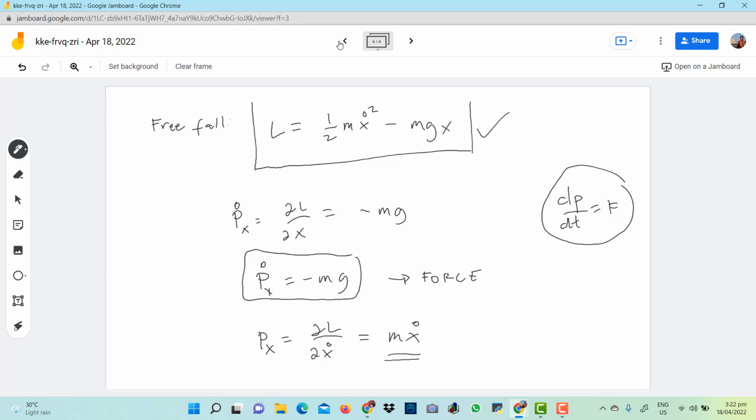It is not a constant, but it varies with respect to time. So px is a momentum which is not constant, because take note, your L is a function of position x. If it is not a function of x, we call it an ignorable coordinate, and then the momentum must be constant.